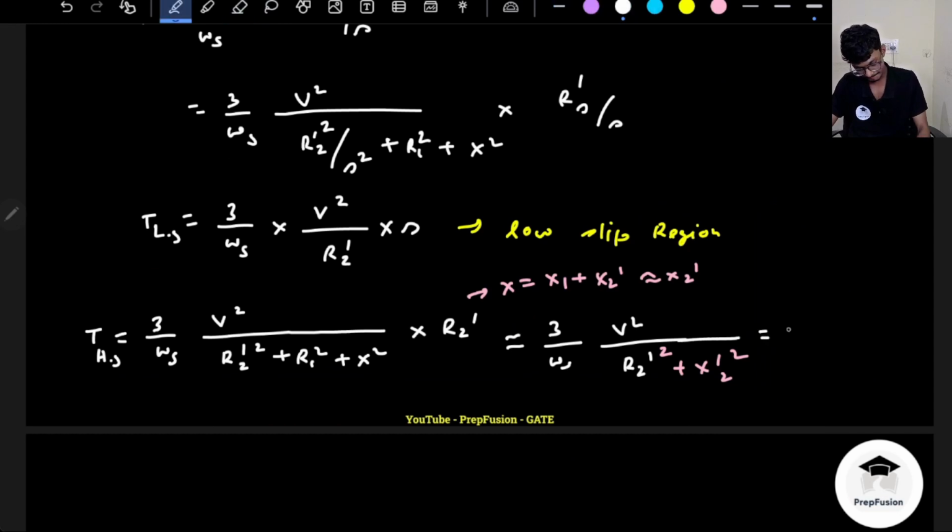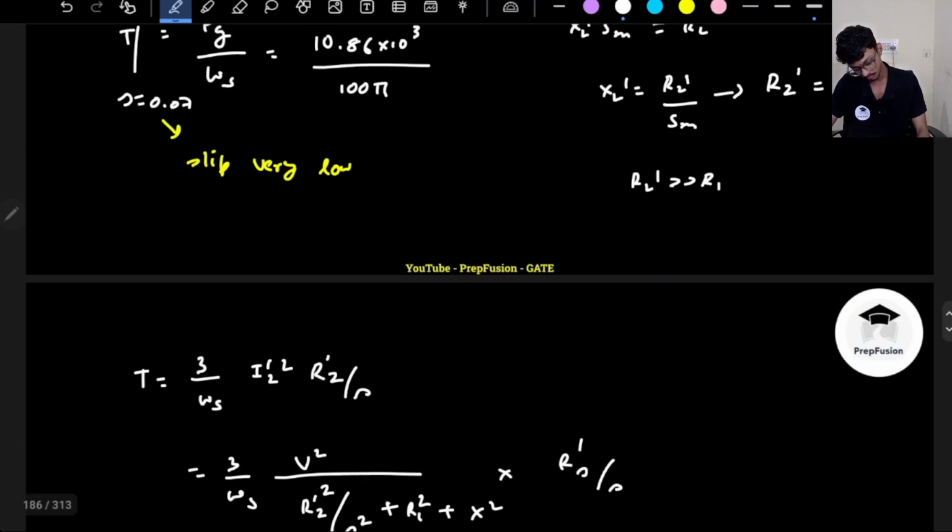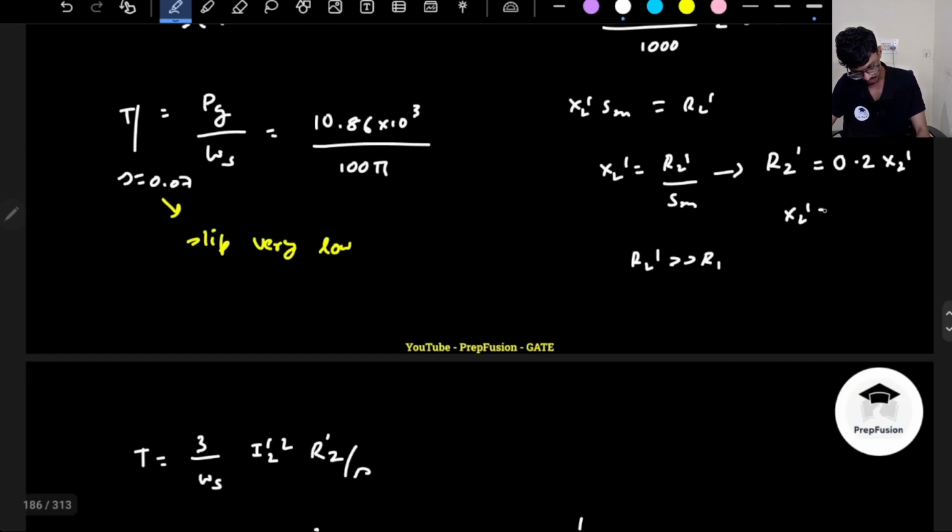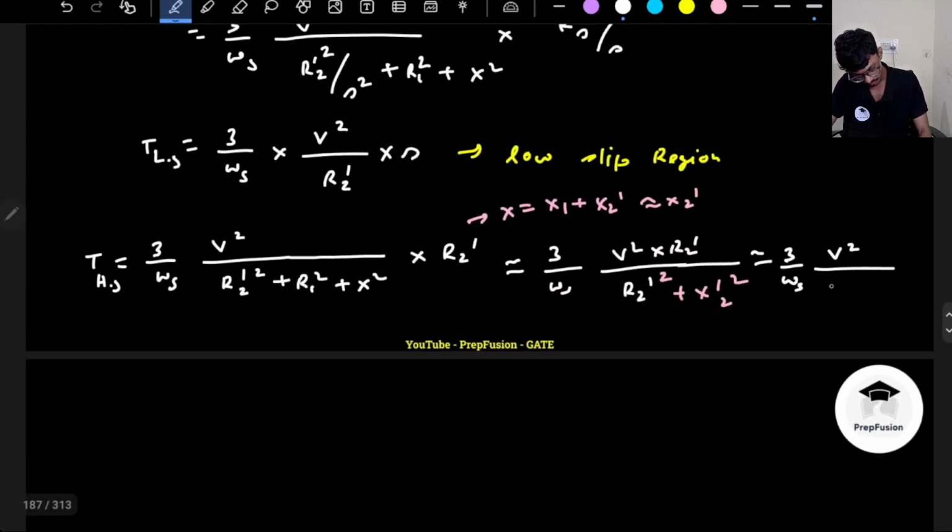That is, r2 dash equals 0.2 x2 dash. So I can write this over here: 3 upon omega s, V square, into r2 dash. Don't mess up the r2 dash. What is my x2 dash? x2 dash is 5 times r2 dash. So this will become 26 r2 dash.